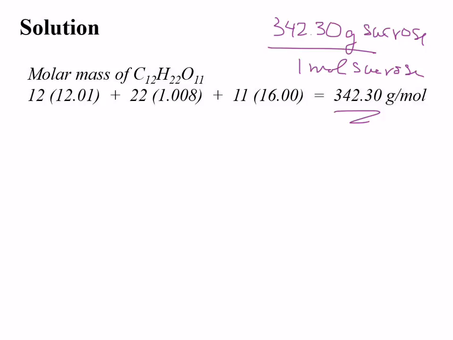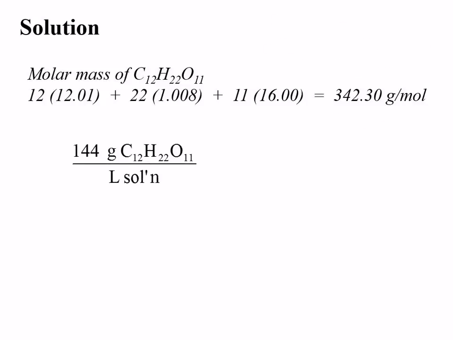So let's see, I want grams to cancel. I want to be left with moles. Seems like I need to flip that thing. So this was the concentration in grams of sucrose per liter of solution.